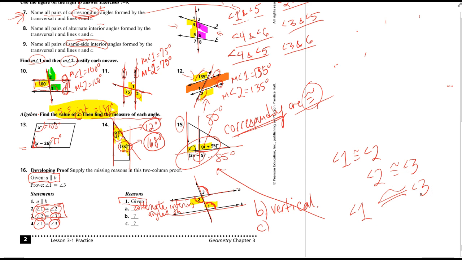So it's a lot like if A then B, if B then C, therefore A then C. And that was called the transitive property. So I would give you full credit for either answer for letter C, transitive or corresponding.